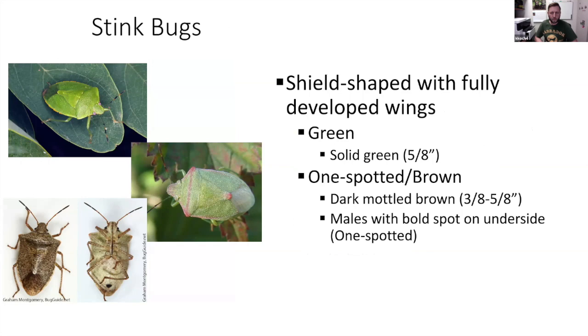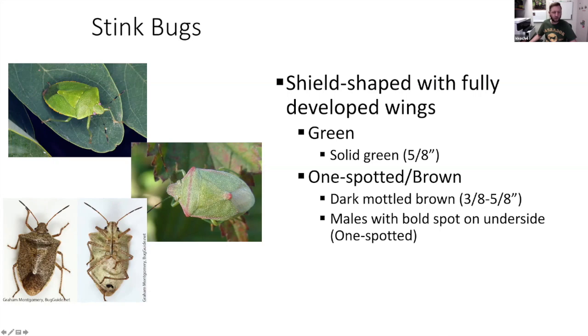These are variable in size depending on the species, but some of our larger species like the green and the brown, they can be around 5/8 of an inch. And again, there's a handful of species, but really the primary ones are going to be the green stink bug up here on top, and then the one spotted and brown stink bug, which generally speaking look pretty indistinguishable.